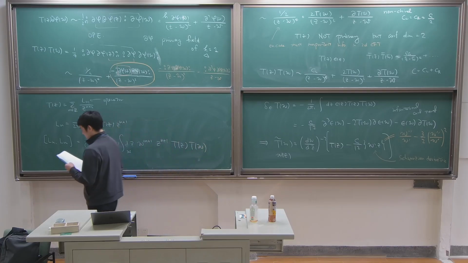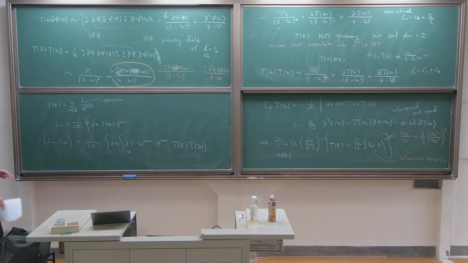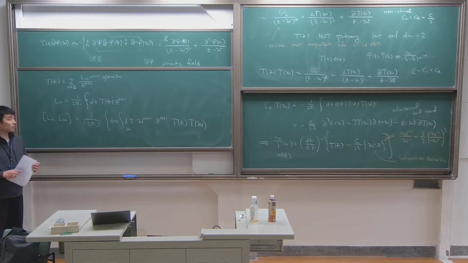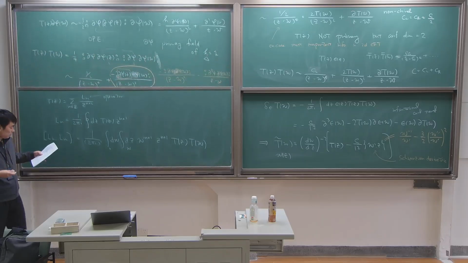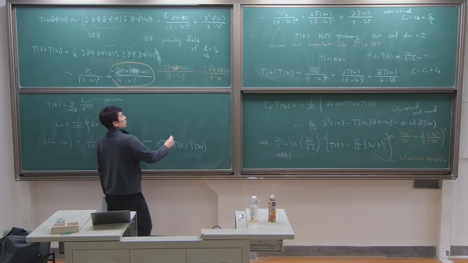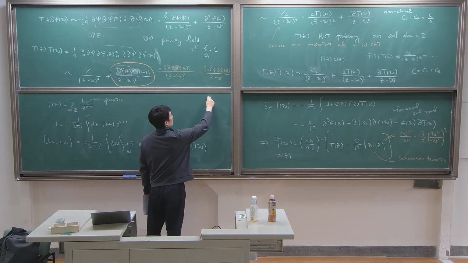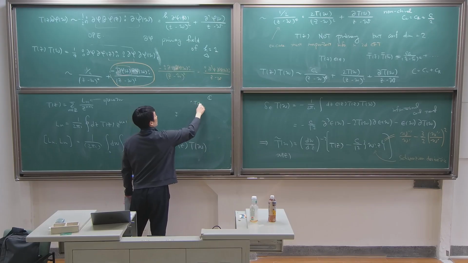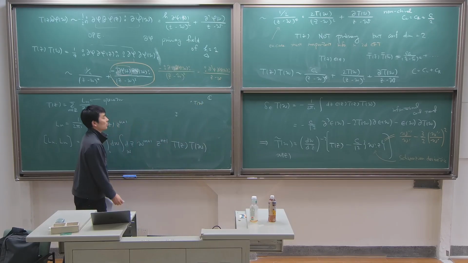That's how it works. You have to be a little bit careful about the ordering of the integral. Here we are doing radial quantization, so you have z, and at the origin you have T(w) here.